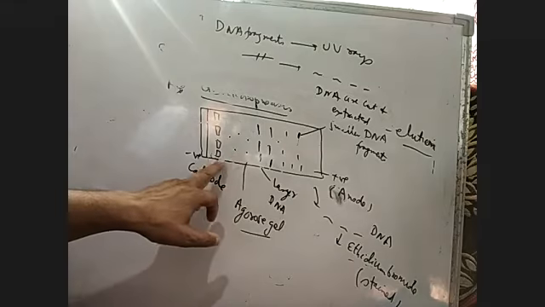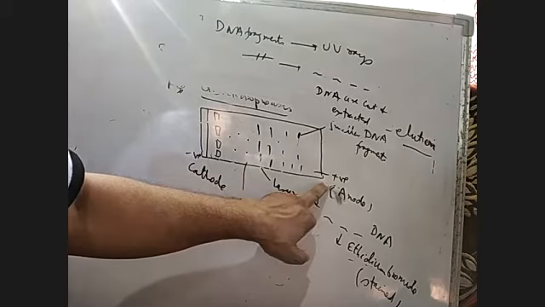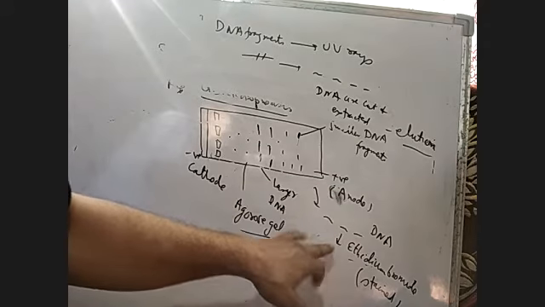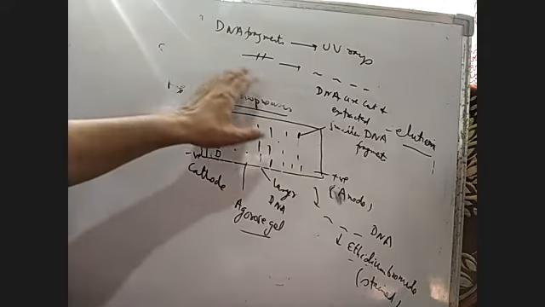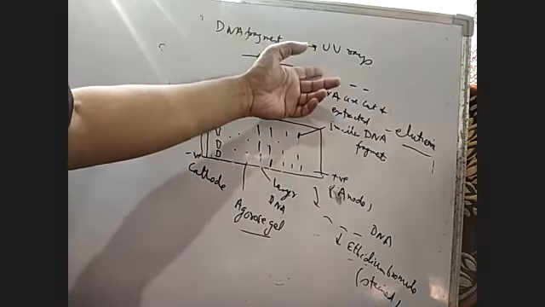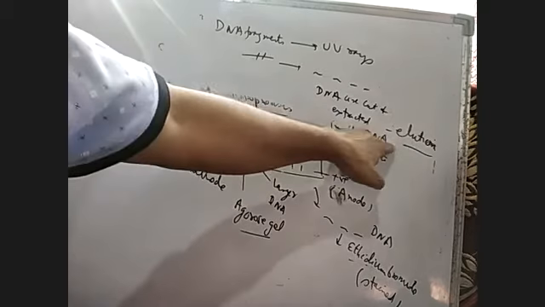So the smaller DNA pieces will move toward the positive charge, the anode. Then the DNA is taken out, stained by ethidium bromide, exposed to UV light, and again cut into small pieces and extracted. This is called the elution process.